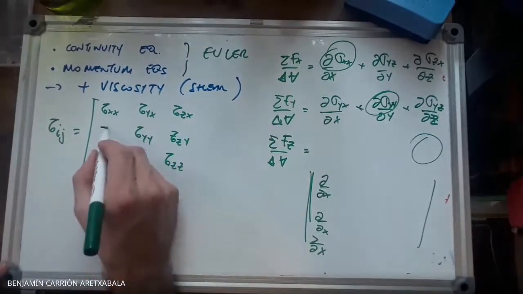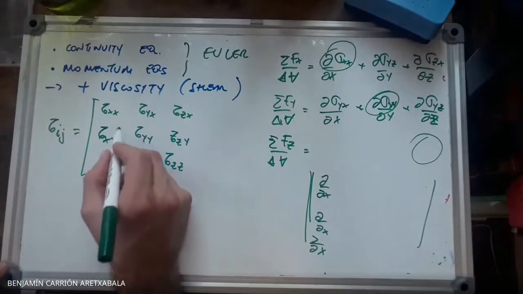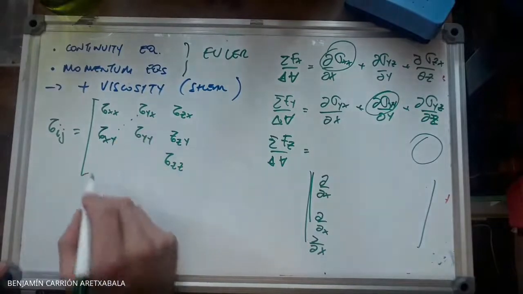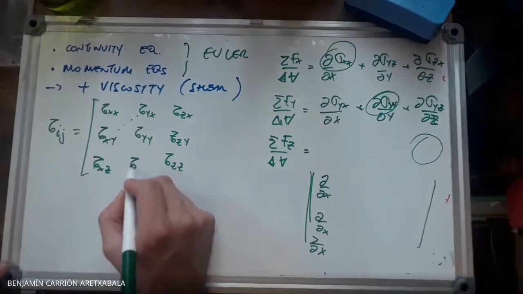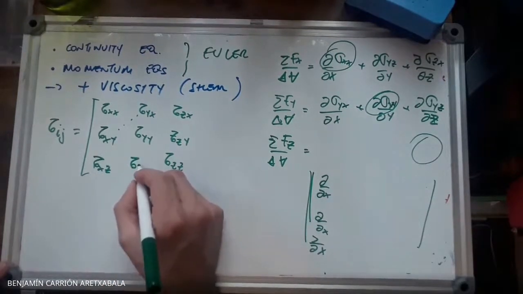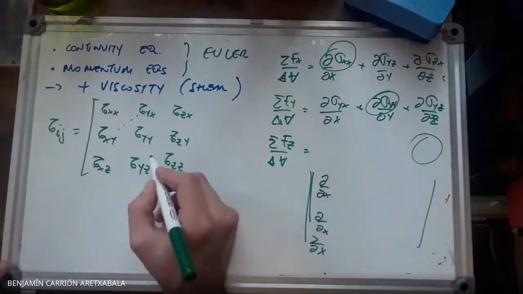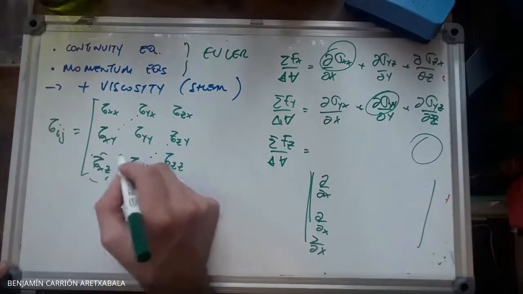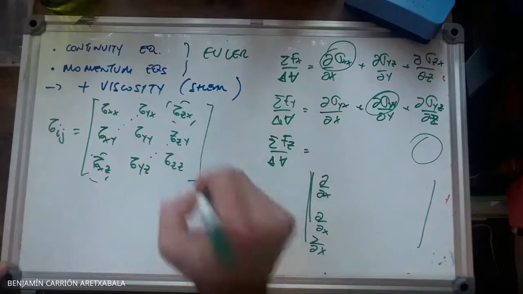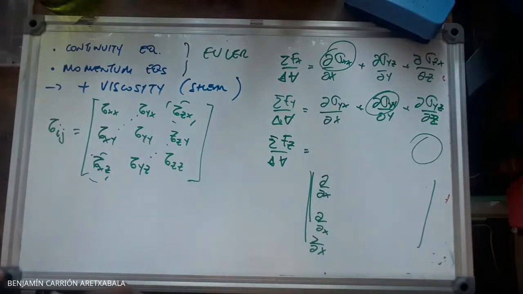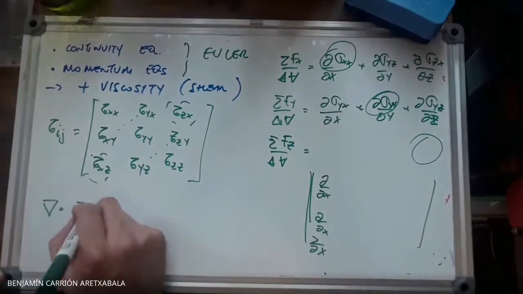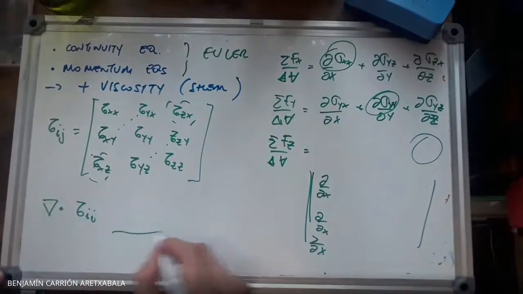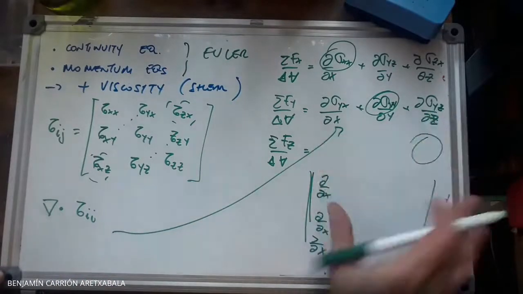And realize that this one here, tau xy, is symmetric to this one, and tau xz and tau zx, this is symmetric to this one, and this one is symmetric to this one. Okay, so this is a matrix, and if we take the cross product of this matrix, we get exactly this one, this thing.